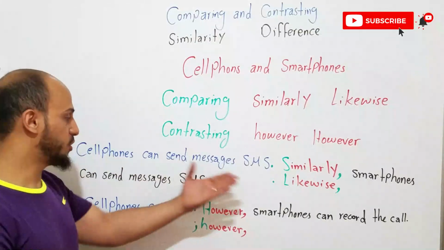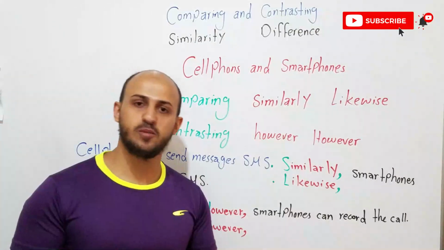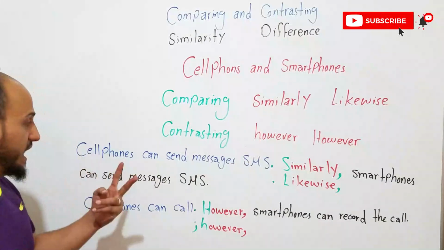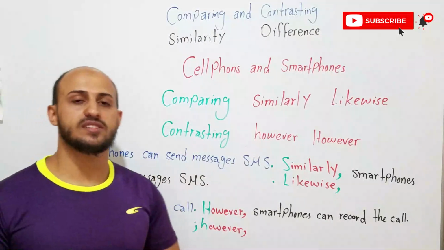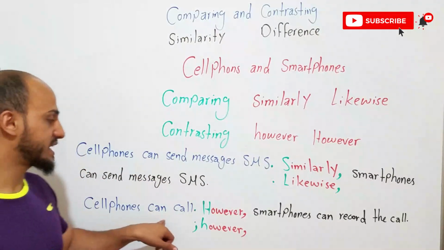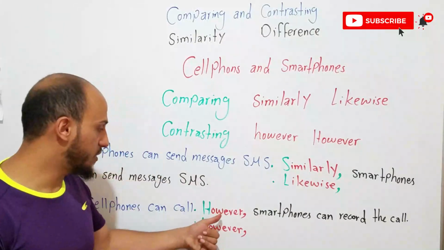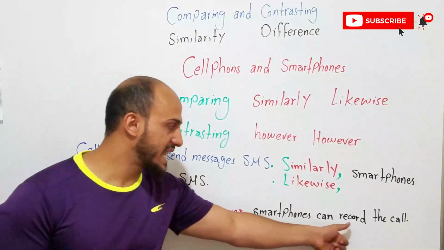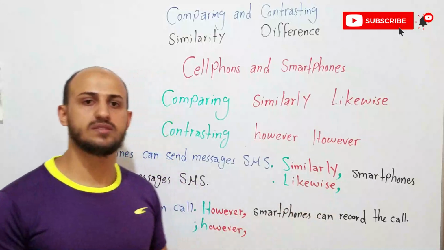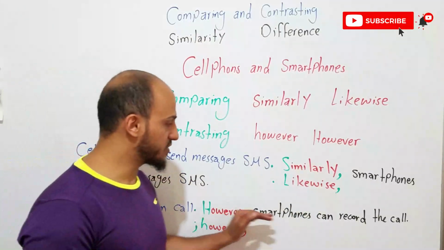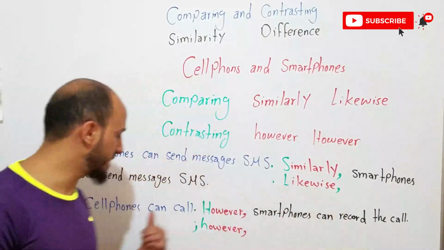So this is how we talk about comparing. Number 2, if we're talking about contrasting, you say, cell phones can call, however, smartphones can record the call. When you say however, smartphones can record, it means this one cannot.